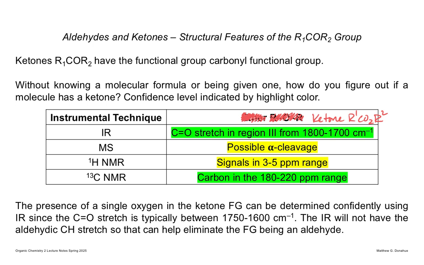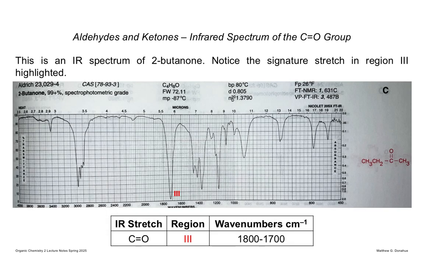Again, if you see a carbon in the 180 to 220 region, you can be confident that it's a carbonyl carbon. So really in 2-butanone, there's your carbonyl stretch.